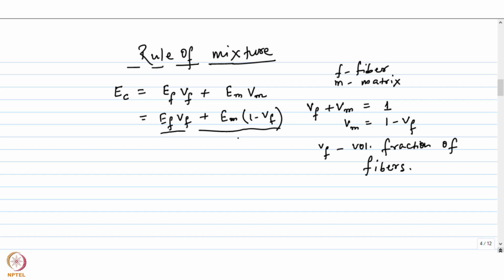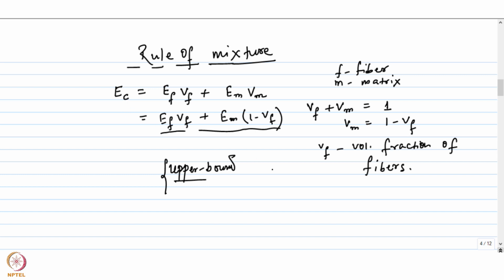Okay. But one thing I should mention over here is the fact that rule of mixture will always give you the upper bound. And generally, the experimental values will be lower than the value which is obtained by rule of mixture.